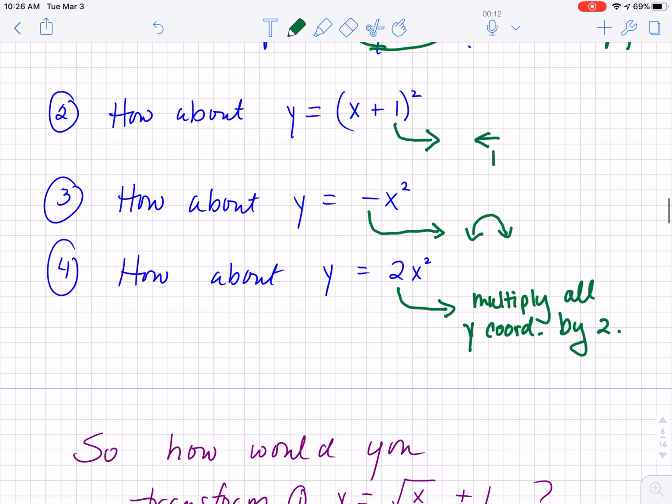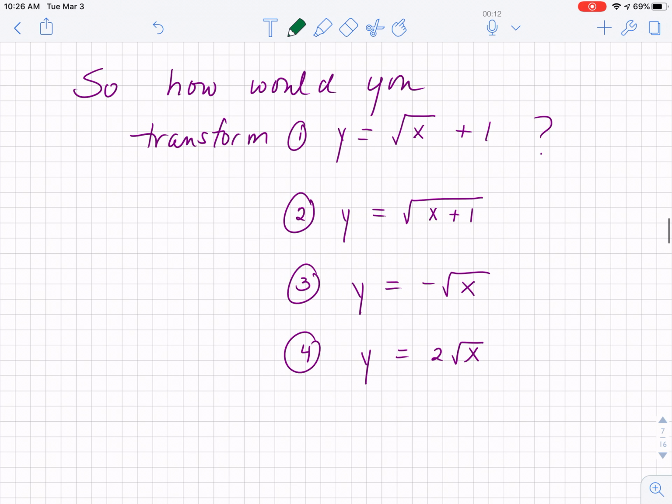All right, so all of these types of transformations are going to apply to a radical graph. So for a radical graph, what do you think that plus 1 is going to do when it's outside of the radical? It's going to shift your graph up 1. If that plus 1 is under the graph, it's going to shift the graph left 1. Okay, and again, if it was the square root of x minus 1, it would shift it right 1.